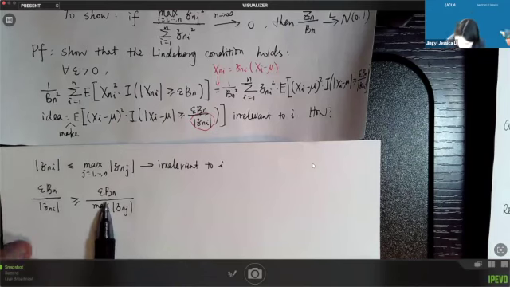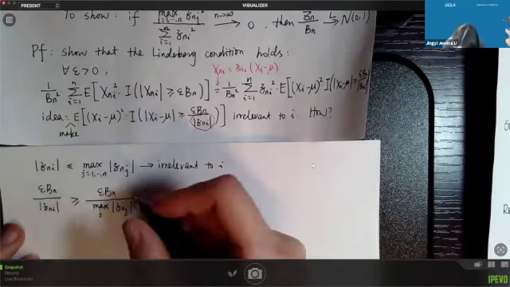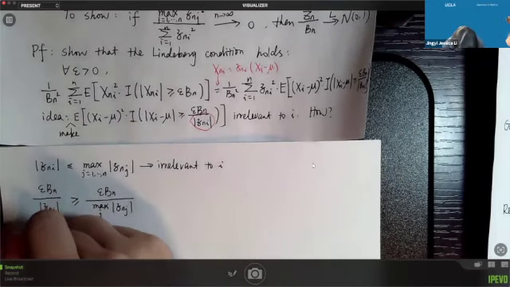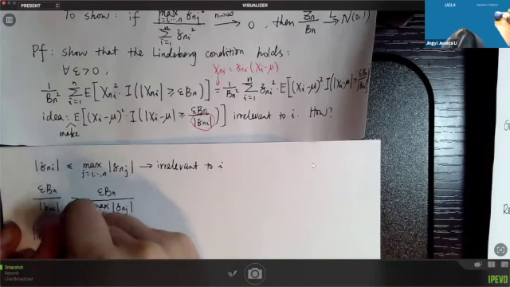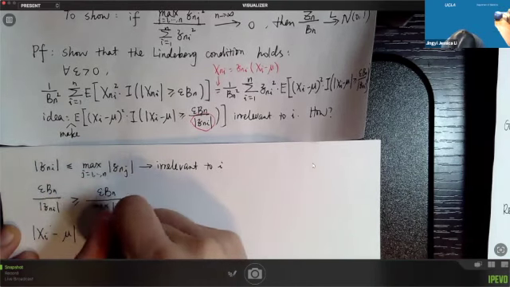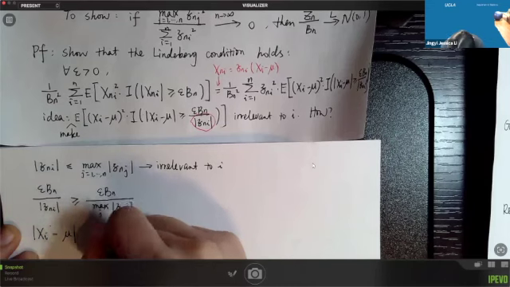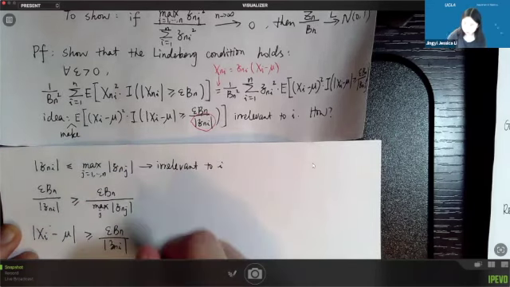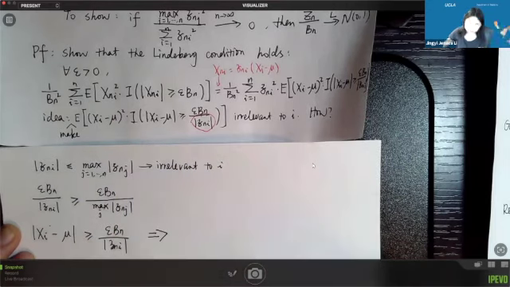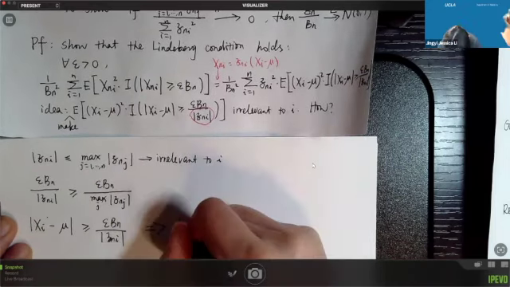Basically what I'm saying is that this event, x_i minus mu greater or equal than epsilon b_n over the absolute value of z_{n,i}, whenever this holds, it immediately implies that this holds.